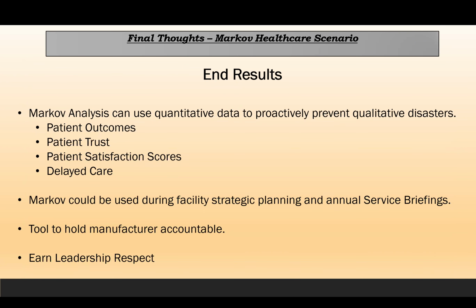Patient trust is massive, and patient satisfaction is massive. In healthcare, those scores are qualitative, but they do quantify those, and they do affect things: ratings of the hospital, reimbursements, and so on and so forth.